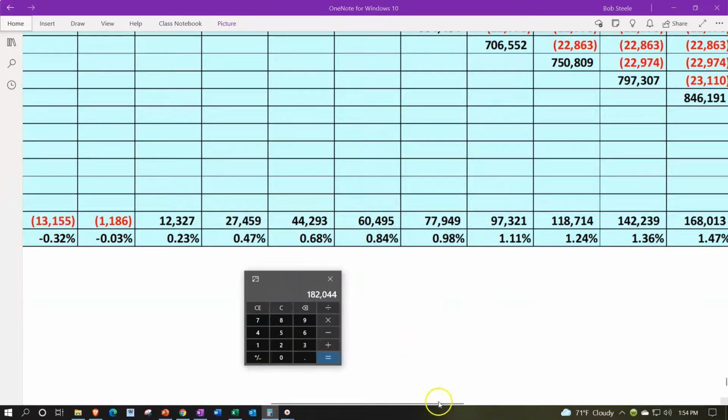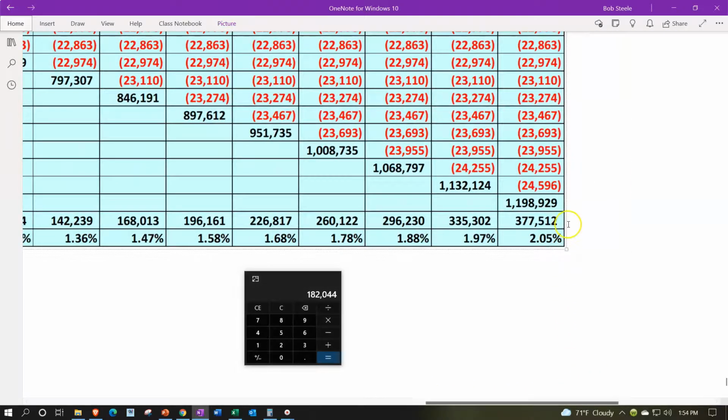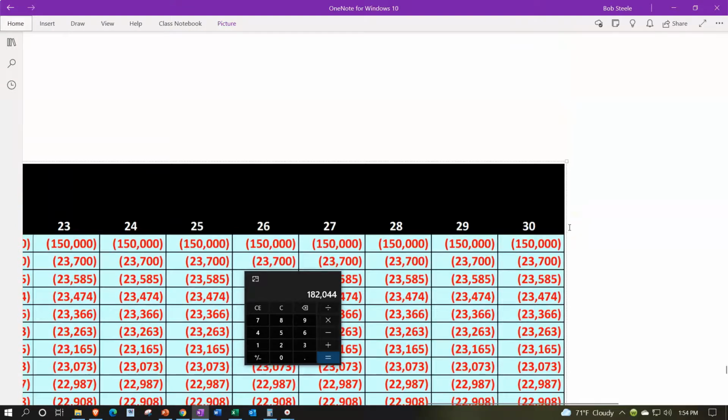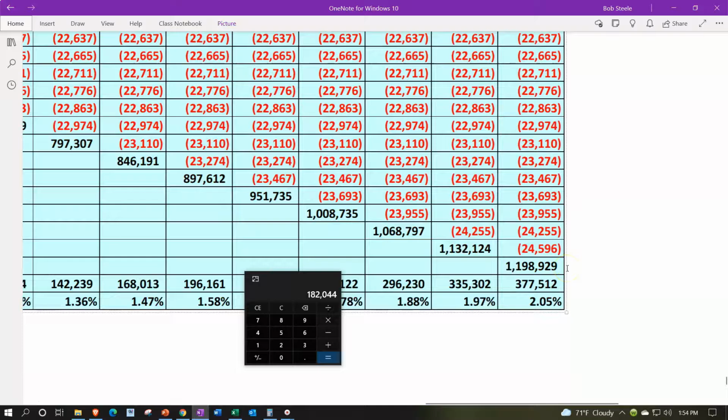So even if you bring this scenario all the way out to 30 years, you get a positive amount, the 377,512, because even though you had 30 years of outflows, you had this significant sale that you realized after 30 years. But you result in an IRR, the rate at which that flow of payments would be 0, of 2.05% due to the fact that it's over 30 years.